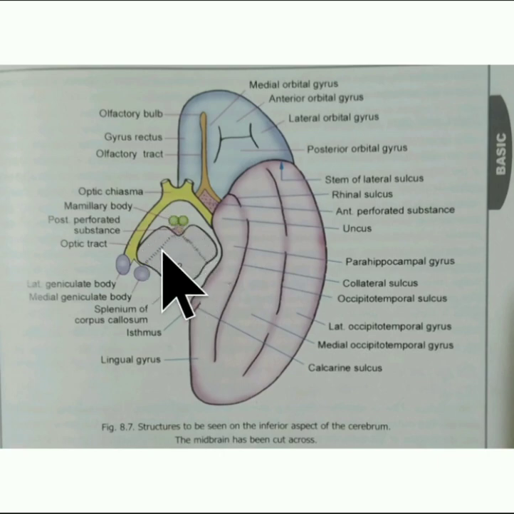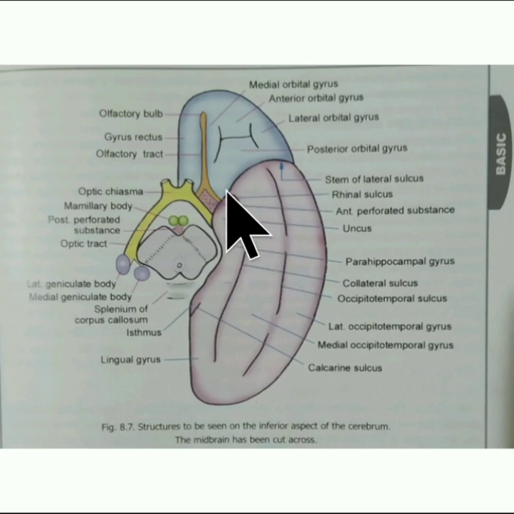This is the midbrain, and here comes the interpeduncular fossa. The anterior part of the parahippocampal gyrus has another sulcus called the rhinal sulcus, and the hook-like area in front of the rhinal sulcus is called the uncus.